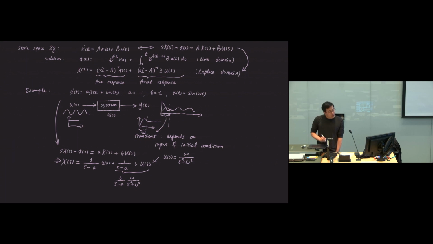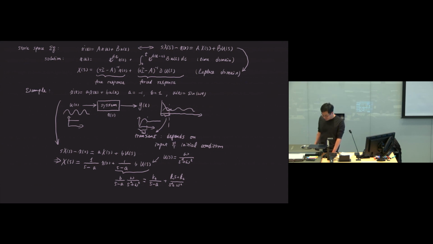And after applying partial fraction expansion, we can separate this into 2 terms. One is a first order term, another is a second order term. For the second order term, let's say the numerator is K1 S plus K2. This is the most general form of the numerator. And then let's say the first order term has a numerator K3.